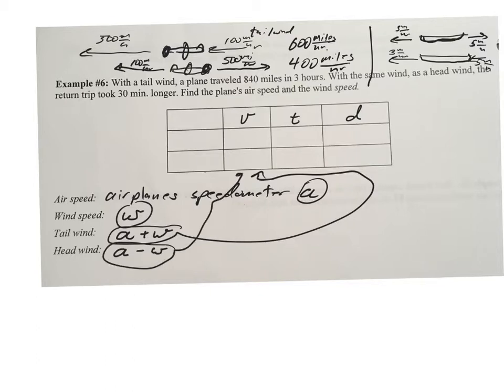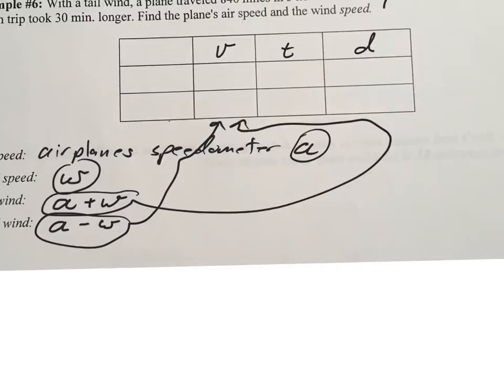Don't panic yet. Once we've done a couple of these, you'll start to get the hang of this. The first part of the trip is a plane traveling 800 miles in 3 hours with a headwind.